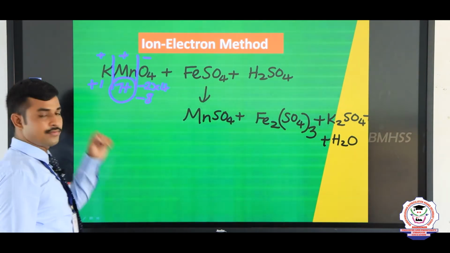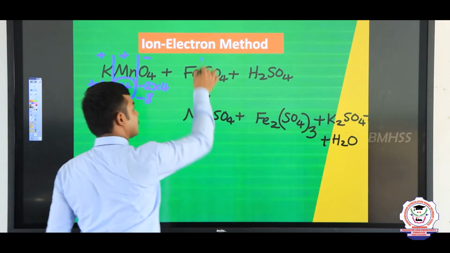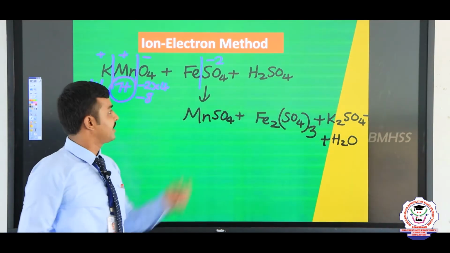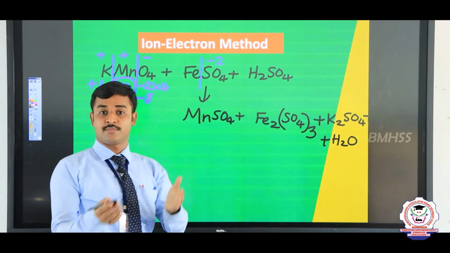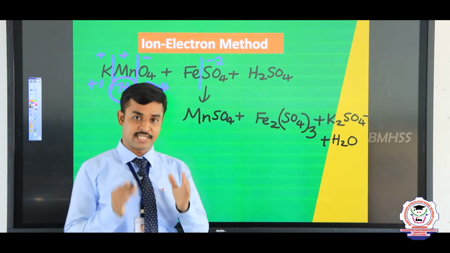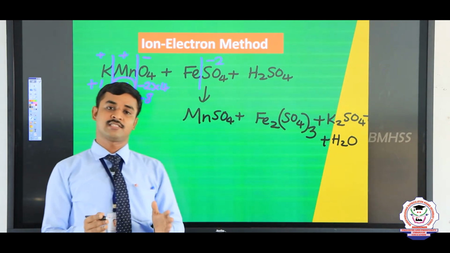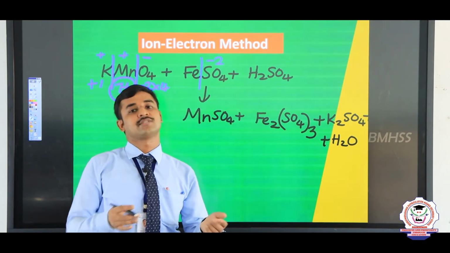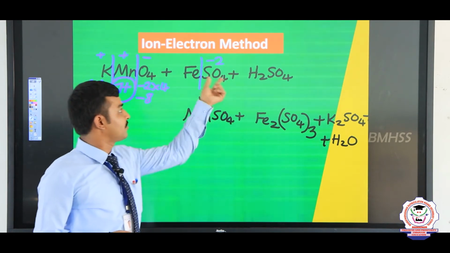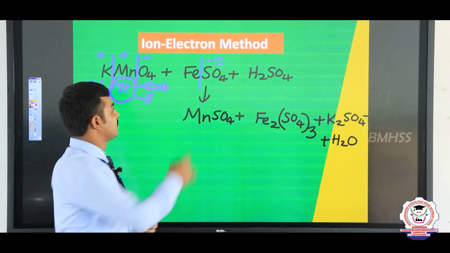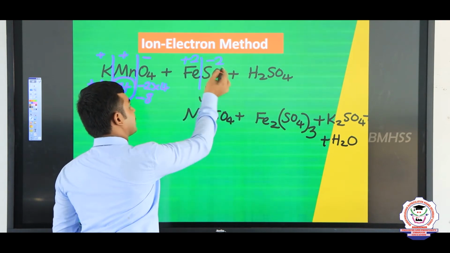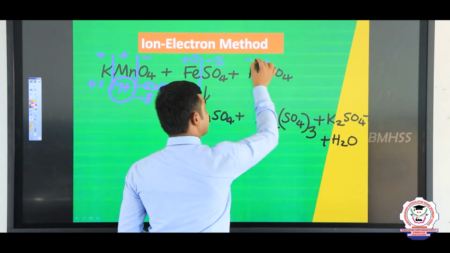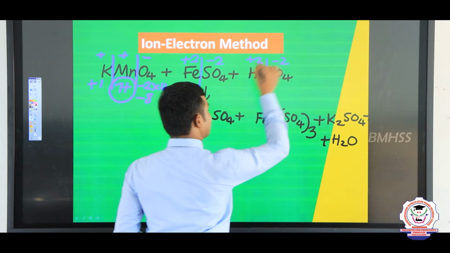See students, likewise we can find the oxidation state for FeSO4. SO4 has a -2 oxidation state. How can we write SO4 as -2? Let us consider sulfuric acid, H2SO4. Each hydrogen has a +1 oxidation state, so 2 hydrogens have +2 and SO4 has the opposite sign, -2. So, SO4 generally has a -2 oxidation state. So Fe has +2, with the same number and opposite sign, and the same for H2SO4, +2 and -2.